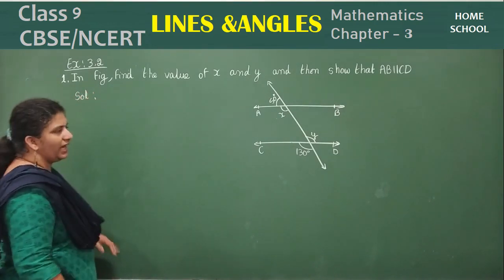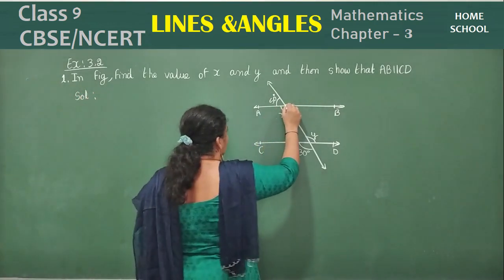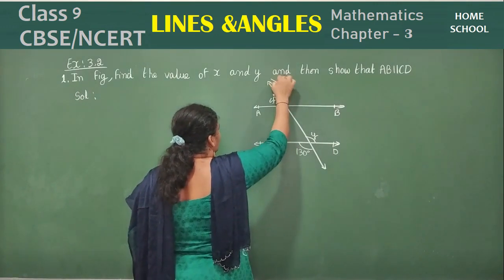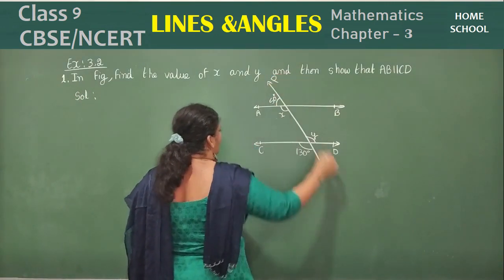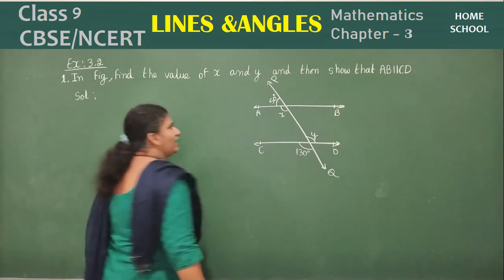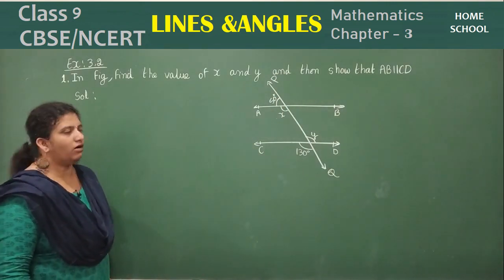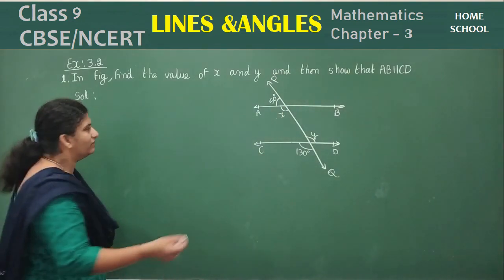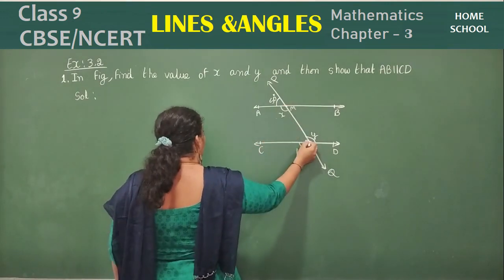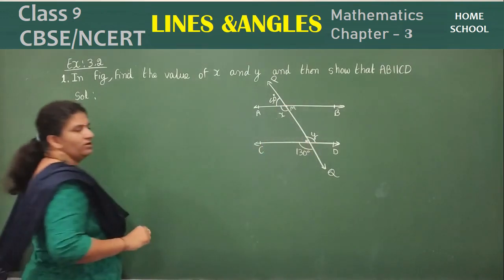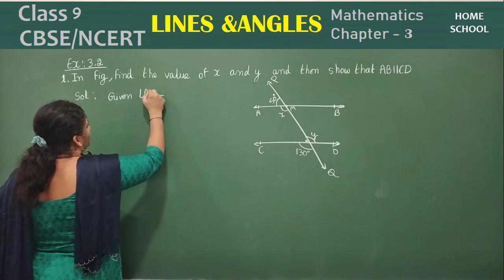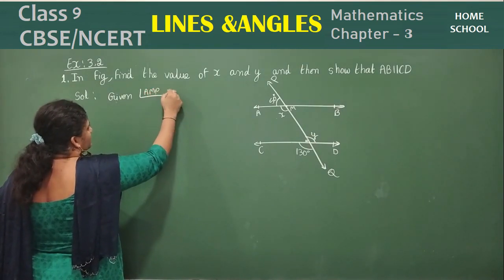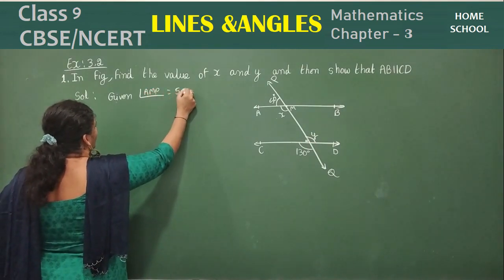Let me take any PQ. PQ is a transversal, or it is also a line. This point is M and this point is N. Given angle AMP is equal to 50 degrees.